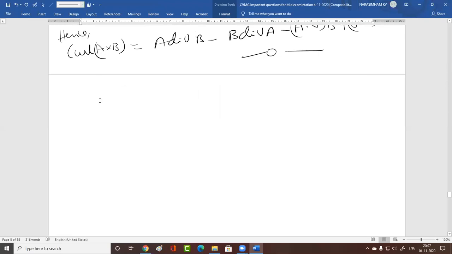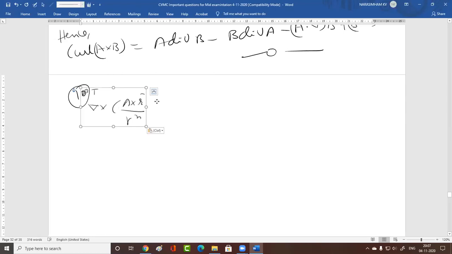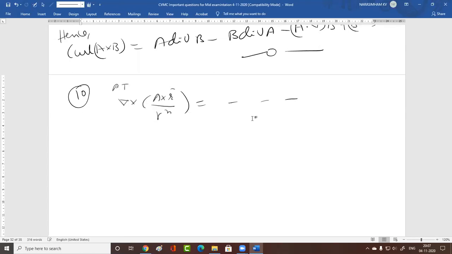Last question, 10th question. Okay. Prove that some value is given. Okay, now we will discuss the solution or proof.